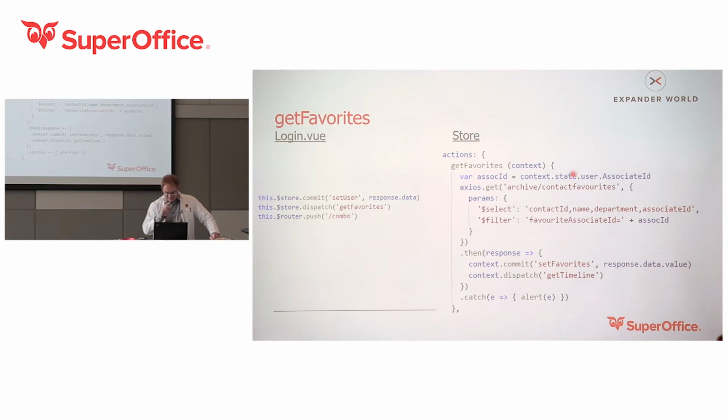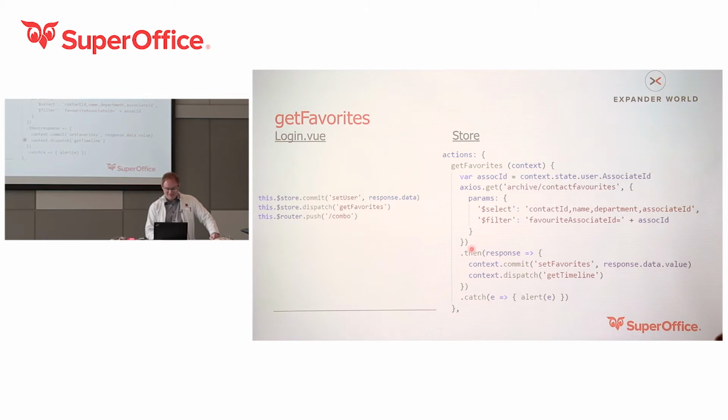So then we can say, okay, go get the user that we just set, get our associate ID, and then do an AJAX call. Go get the contact favorites, get our name, department, associate ID, and filter it by our user ID. Basically, give me all the favorites that belong to me for contact favorites.